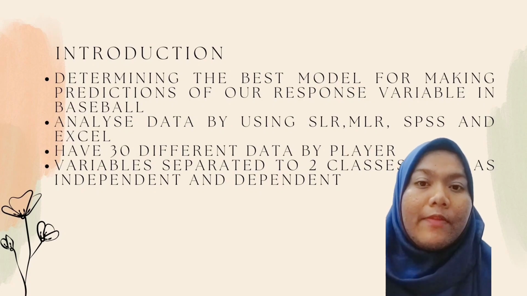According to the data given, we got 13 different data from baseball players. Our group members use a few methods to analyze data, which are systematic literature review (SLR), multiple linear regression (MLR), statistical package for the social science (SPSS), and Microsoft Excel.